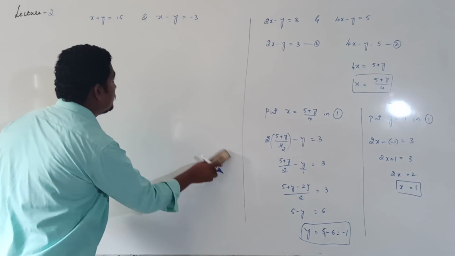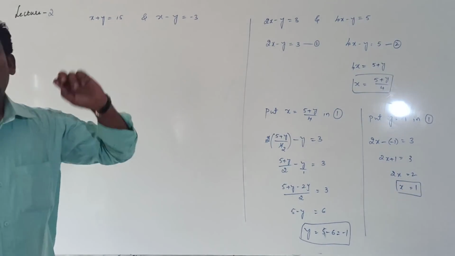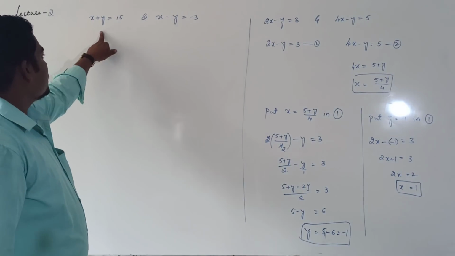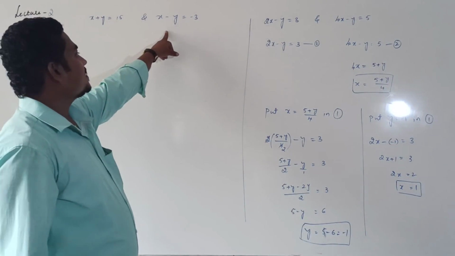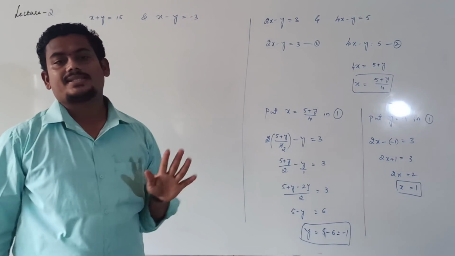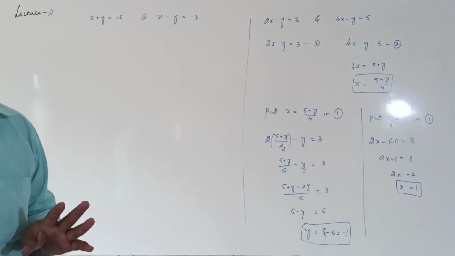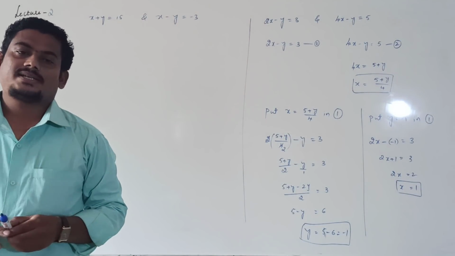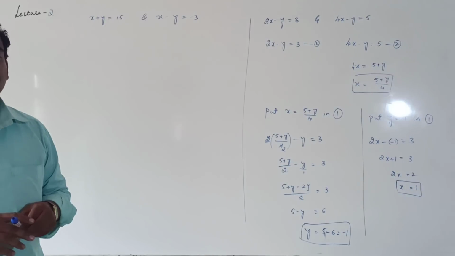Next, solve x plus y is equal to 15 and x minus y is equal to minus 3 by the elimination method or by equalizing coefficients.